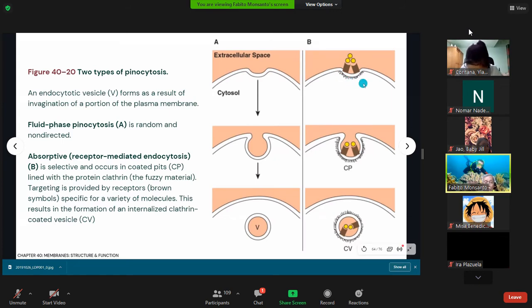These are what you call your clathrin proteins. Protein clathrin. Okay. So, again, similar to this, they are going to join together, and then you have a vesicle lined with clathrin proteins. There. So that is your cell drinking or pino.